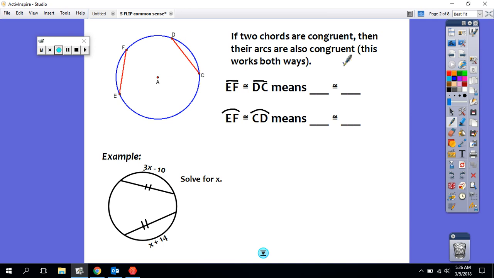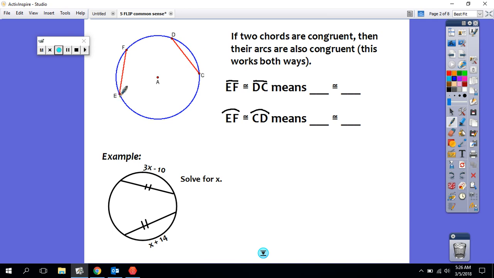Now when we're talking about a chord and its arc, we're talking about, for example, chord DC would be this chord, and then the arc that goes from point D to point C. So that would be arc DC, and chord DC would be the arc and the chord that go together. Same for EF.